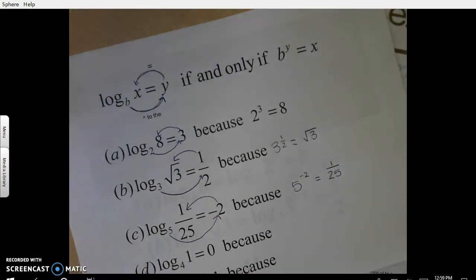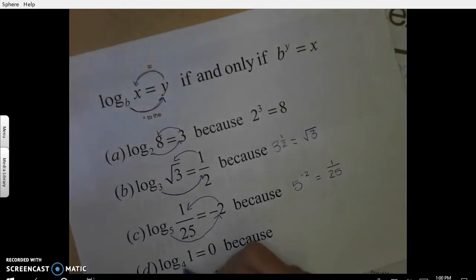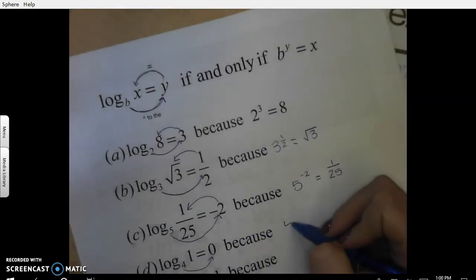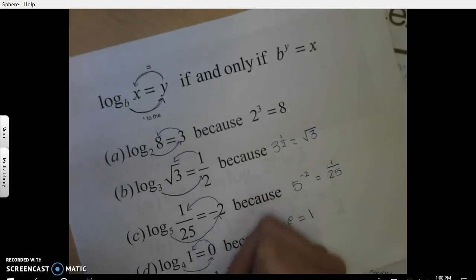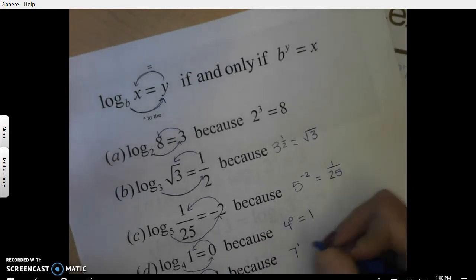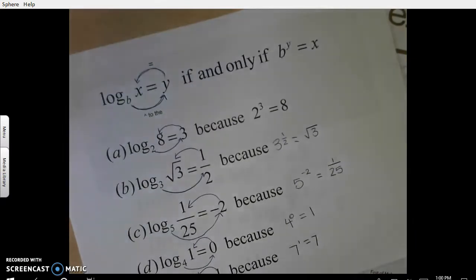As we can see, going around the circle brings us into exponential form. 4 to the 0 power is equal to 1, and 7 to the 1st power is equal to 7.